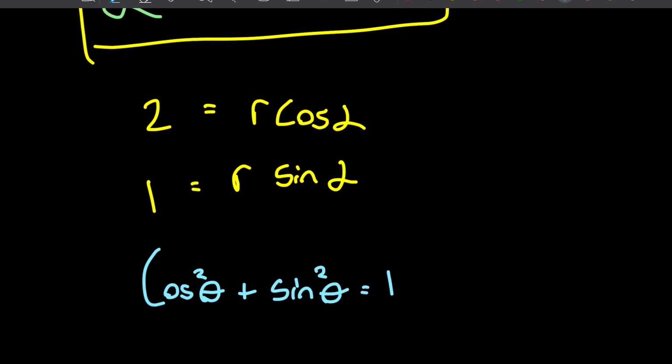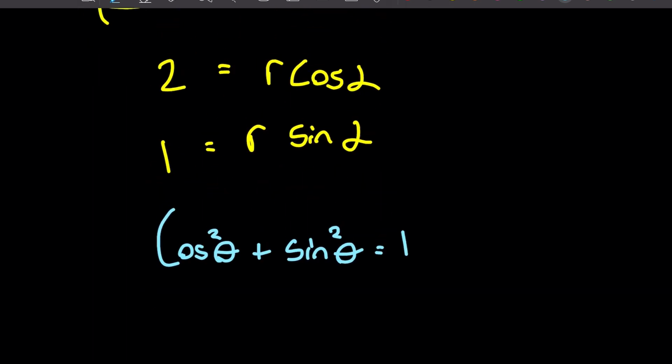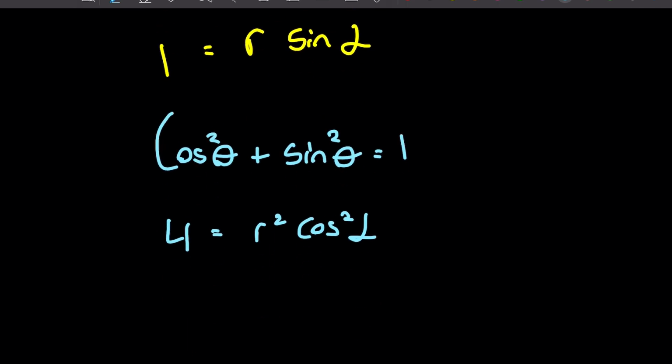So what we're going to do is we're going to square both equations. So in squaring equation 1, we'll have 4 is equal to r squared cos squared alpha. And equation 2 is going to be 1, because 1 times 1 is 1, 1 squared is just 1, is equal to r squared sine squared alpha. Now if you see where I'm going here, what we could do is add these two equations.